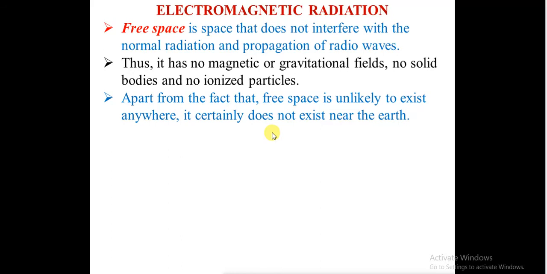We can say the satellites, the meteors, the tall buildings, the ionosphere, the mountains. These all will interfere in the propagation of the radio waves. Radio waves means the high frequency signals.